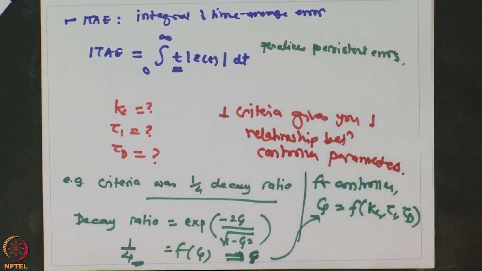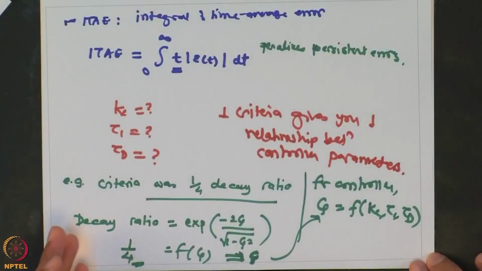So by having multiple such criteria, depending on how many parameters you have, you may get a number of equations in these control variables with these controller parameters as variables, and we can solve them to find out the best values of the controller parameters which are going to satisfy these performance specifications. So that is how one would end up tuning a controller using criteria based method.